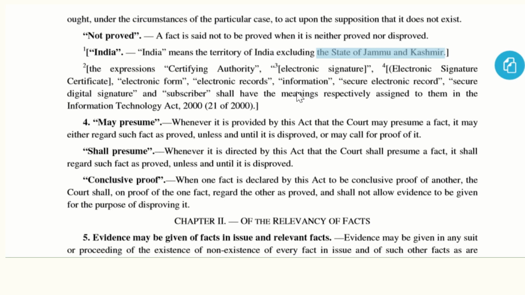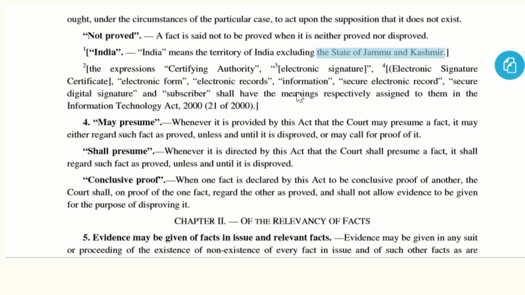In a may presume fact, the court may call for the proof of it. If a fact is falling under this may presume clause, the court may call for the proof of it, or a party can disprove it.